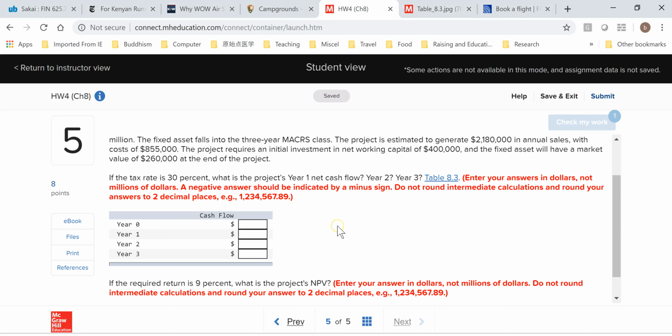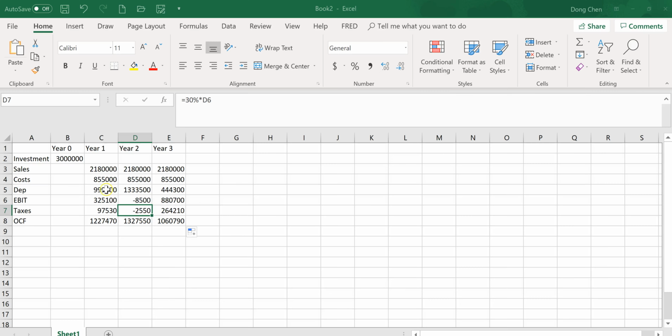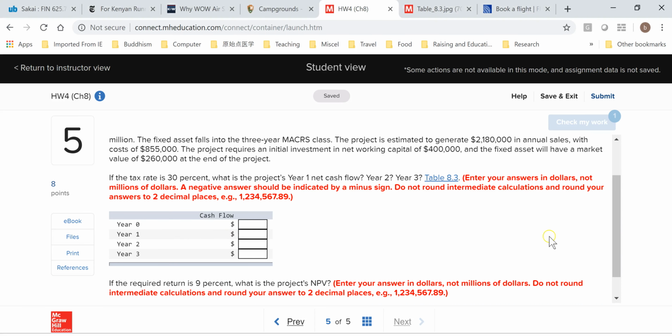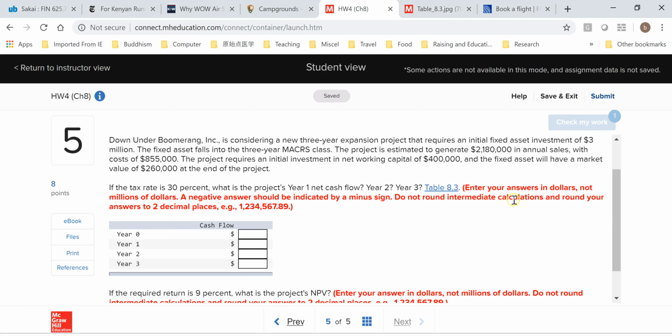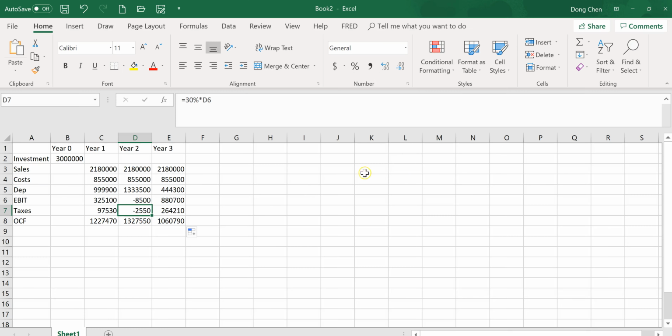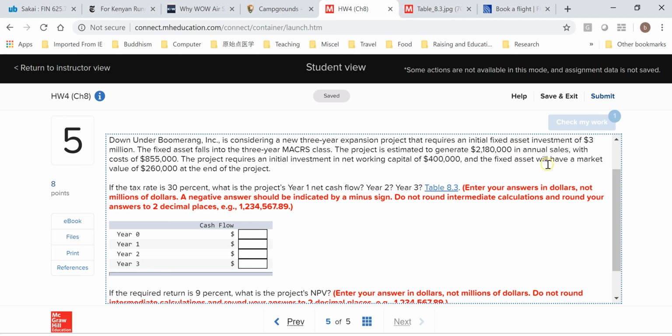And we know that in order to calculate the complete cash flow for each year, starting from the current year, year 0, and ending at year 3, we still need to adjust for first the change in net working capital, right? Change in net working capital. And then we need to also consider the terminal salvage value, as we said.